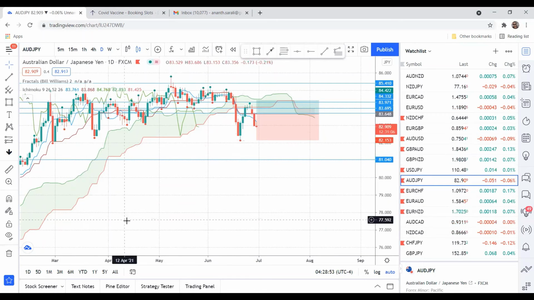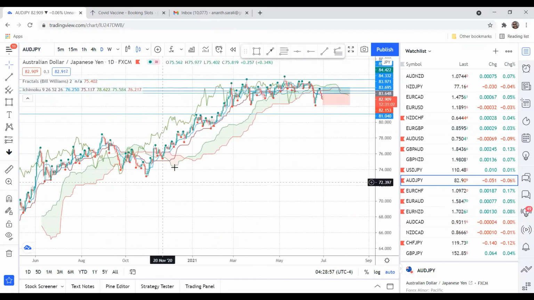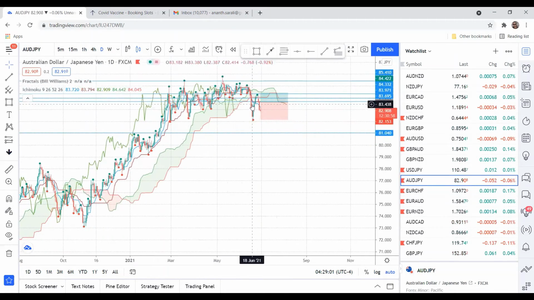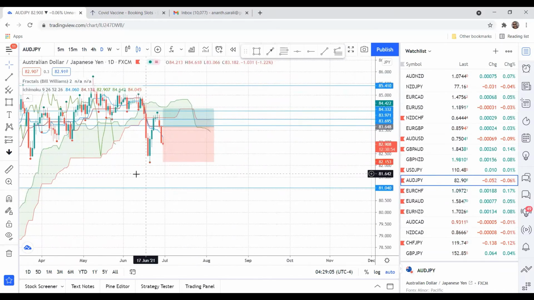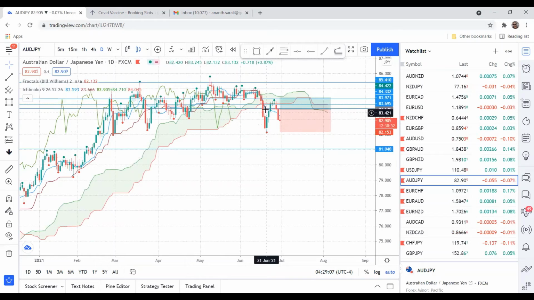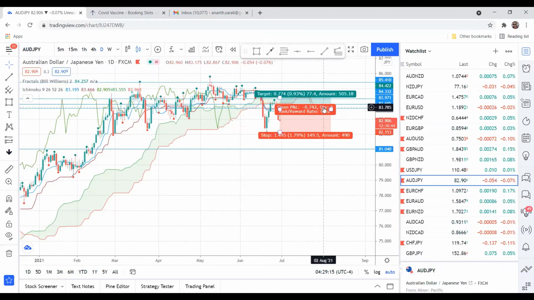If you see from a long-term view, it was trading upwards, right? Suddenly this break below the cloud happened. Okay, I missed it. I couldn't get into this.